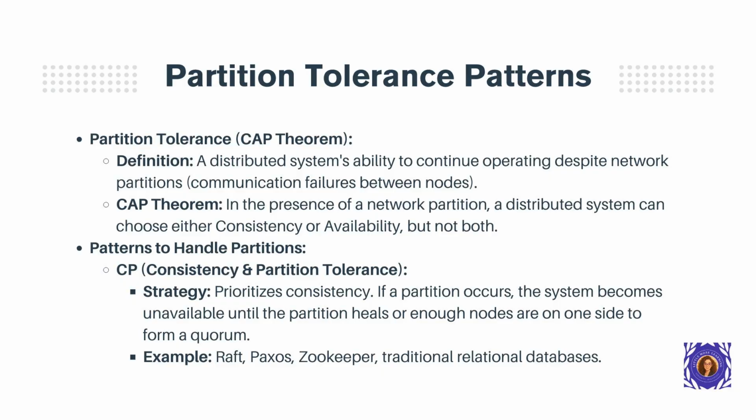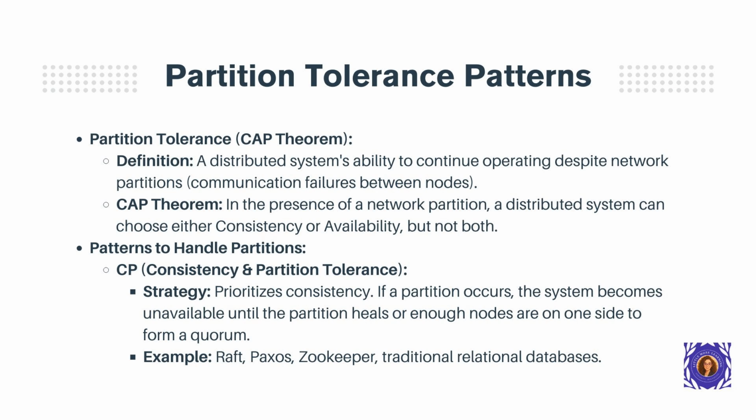One of the most fundamental and unavoidable challenges in distributed systems, famously encapsulated by the CAP theorem, is partition tolerance. Partition tolerance refers to a distributed system's ability to continue operating despite network partitions, communication failures that split the system into isolated segments.